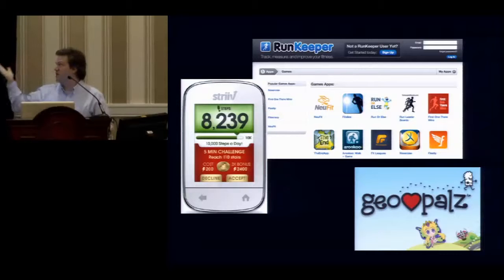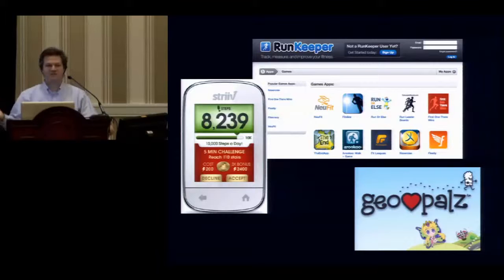Runkeeper, of course, one of the most popular run tracking systems, now also has a variety of web-based apps that connect to your Runkeeper data and represent a sort of app platform on Runkeeper that has been extended into gameplay. A lot of these are gamification type systems that exist on top of Runkeeper's API.